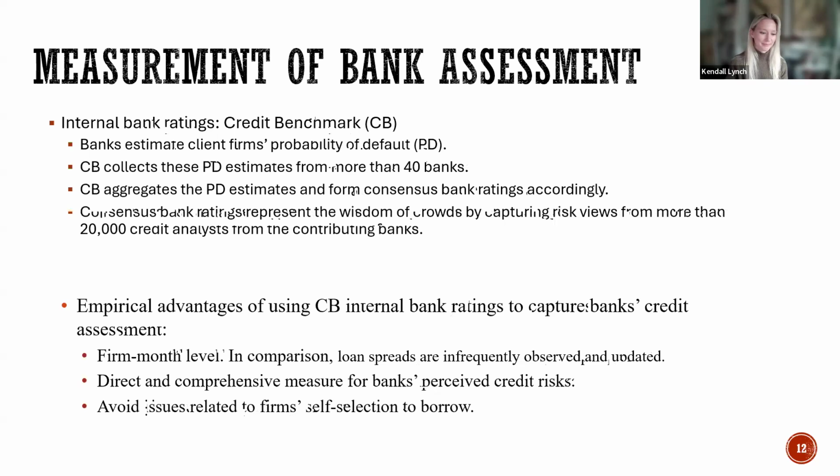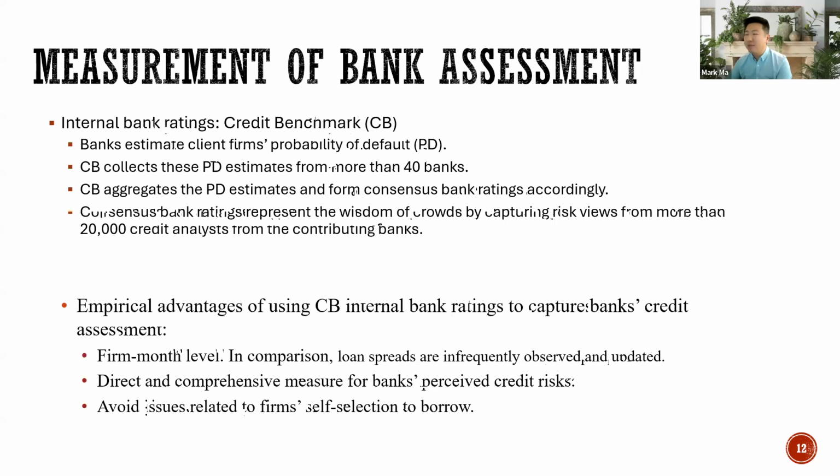Mark, we have another question. Yes, Ayan, please. Mark, for those 40 banks, do you know whether those banks have lending money or lending facilities with your sample firms? Are those 40 banks existing lenders or potential future lenders? I think they are existing lenders.